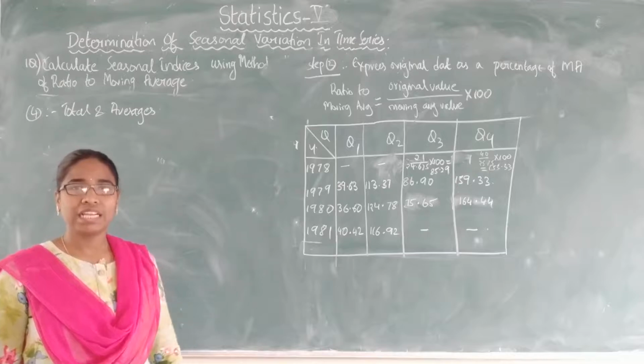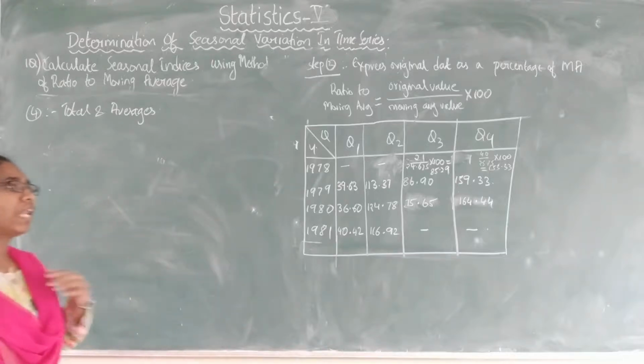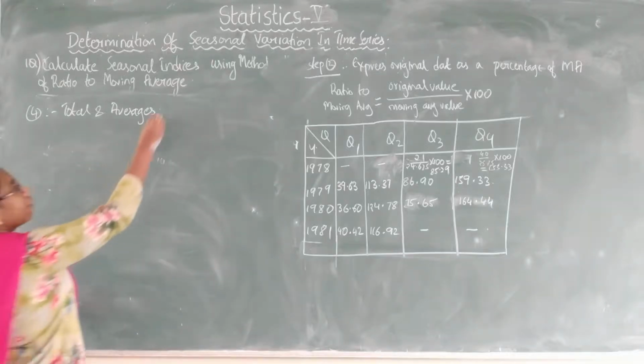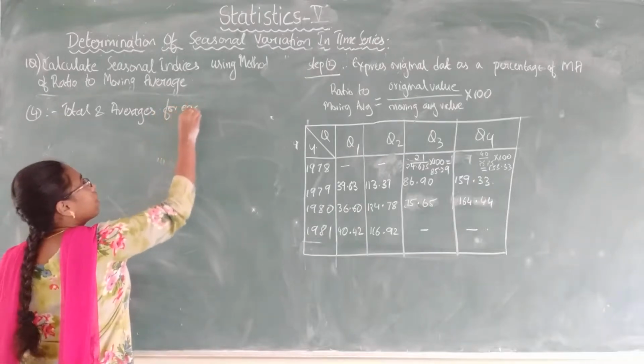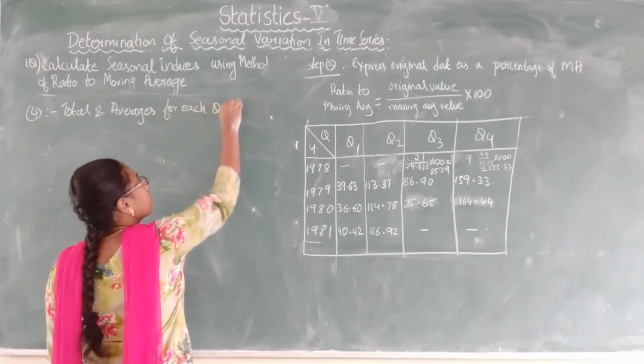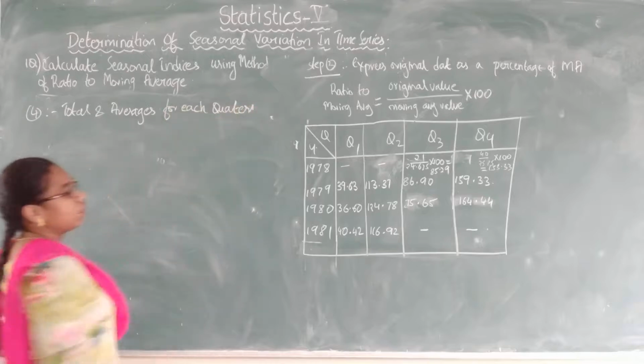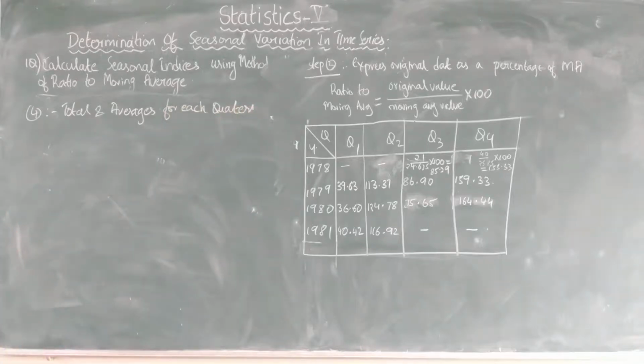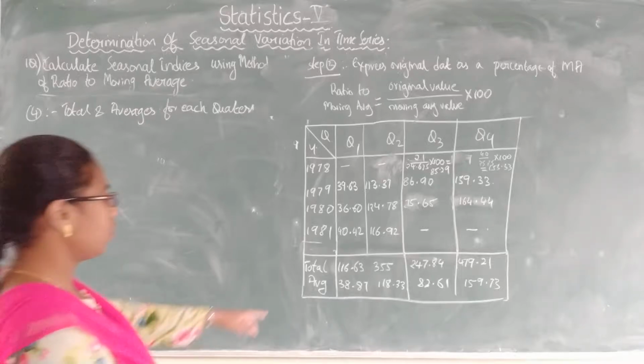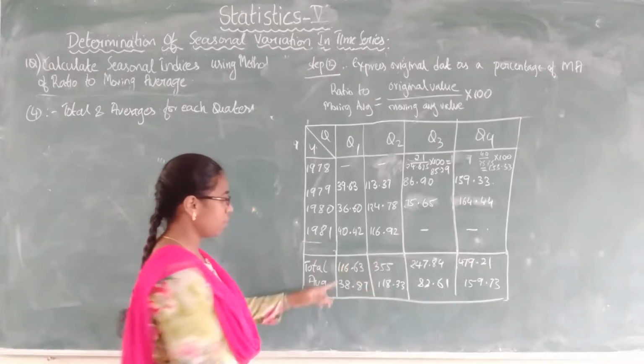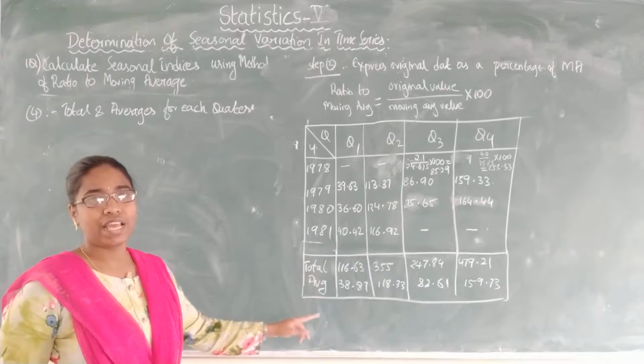If it is monthly data, for each month you will be calculating the total and averages. So first find the totals, and by using those totals you find the averages.